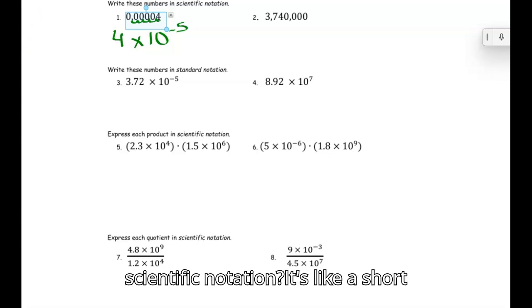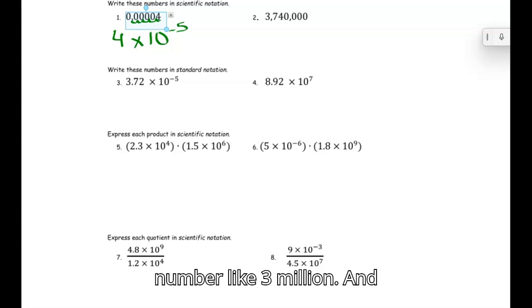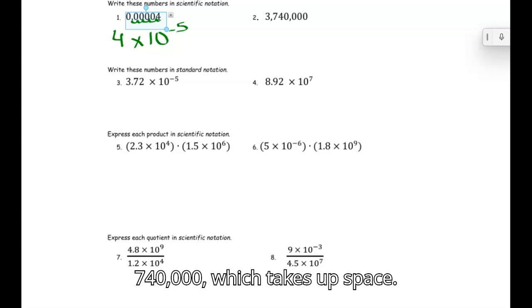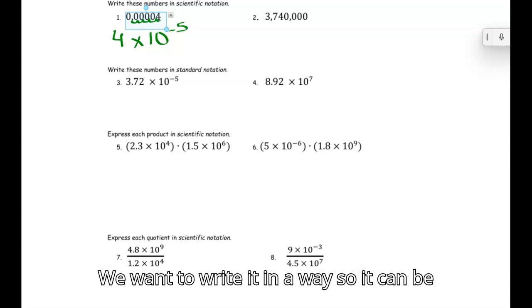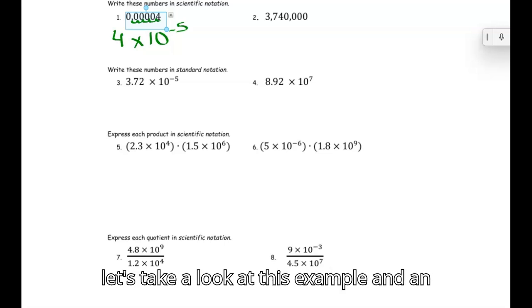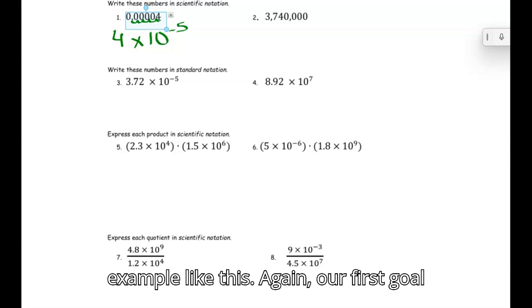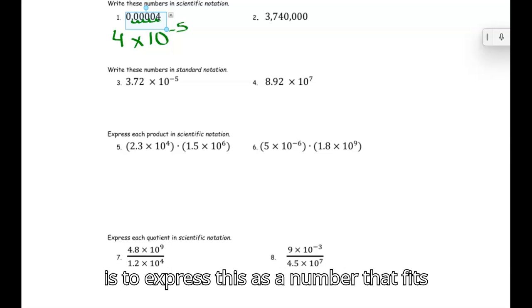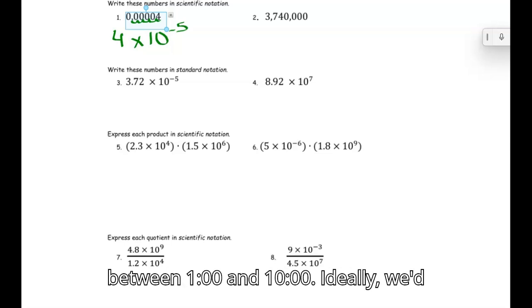So why do we use scientific notation? It's like a shortcut. Instead of writing a number like 3,740,000, which takes up space, we want to write it in a way so it can be shorter, a little bit more cleaner. So let's take a look at this example. In an example like this, again, our first goal is to express this as a number that fits between 1 and 10.